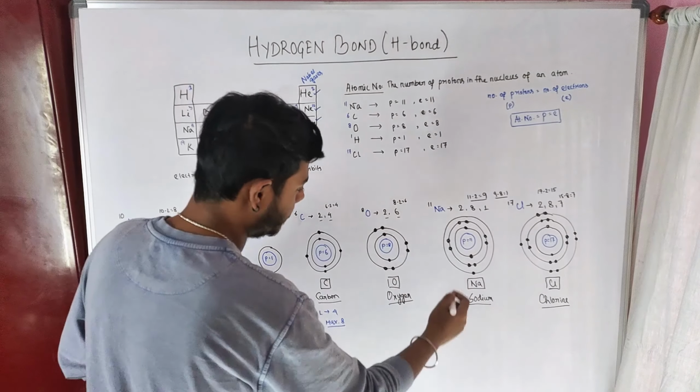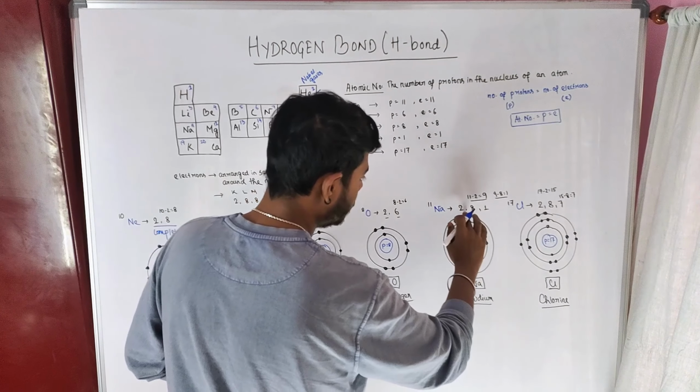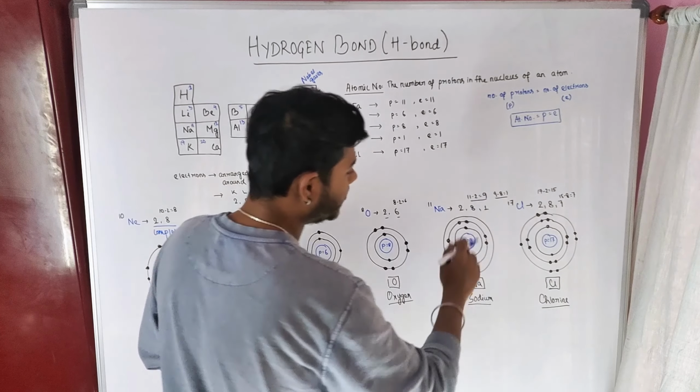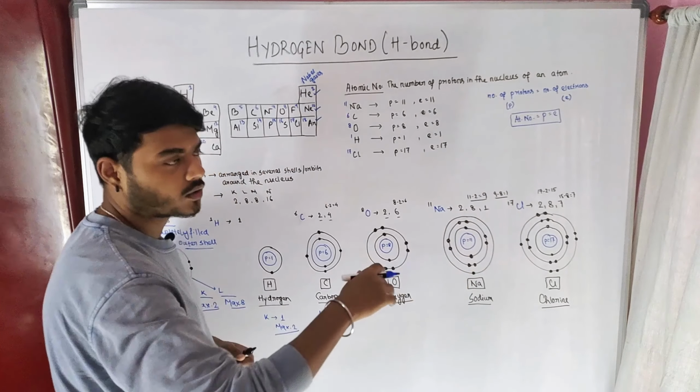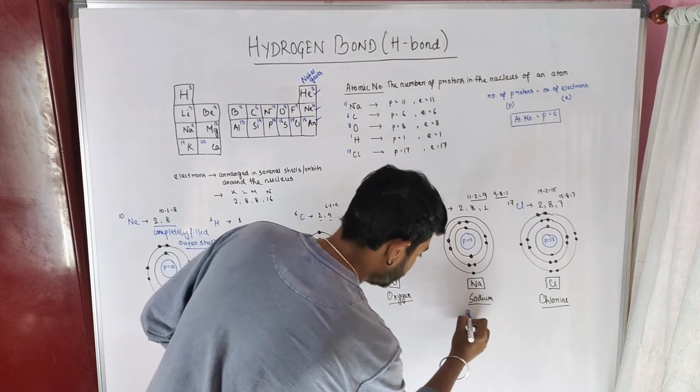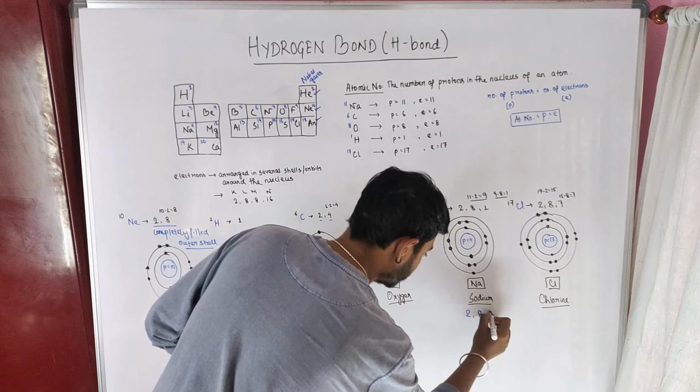For example, sodium. Sodium has 2, 8 and 1 electrons. So it has a deficit of electrons in its outermost shell.